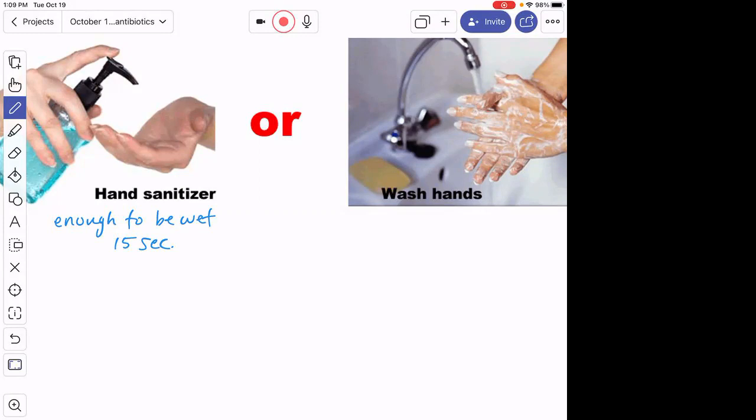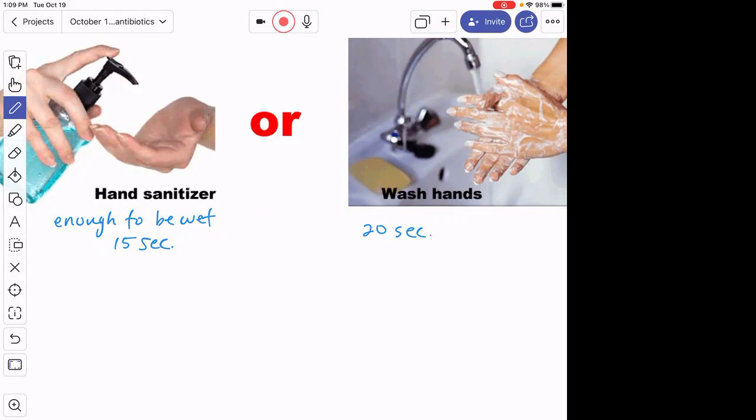And if you're going to wash your hands, they say that you should do it for at least 20 seconds. And when you're scrubbing, you're getting some de-germing action. So, lathering up for about 20 seconds. If you do both correctly, is it better to wash hands or to use hand sanitizer?